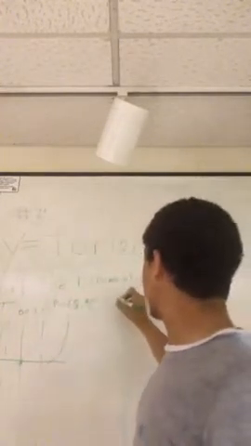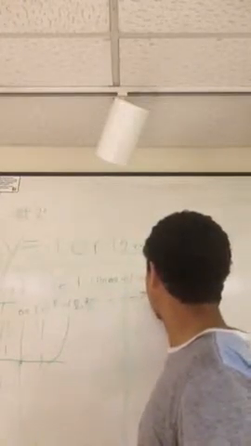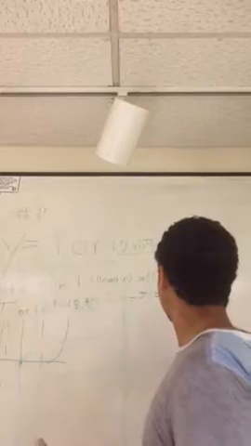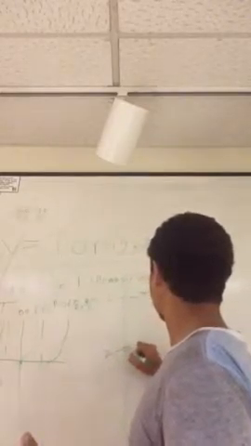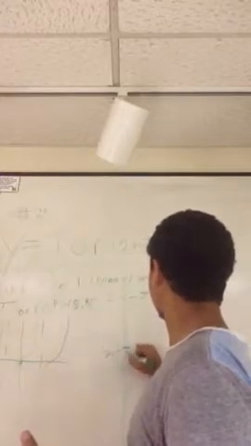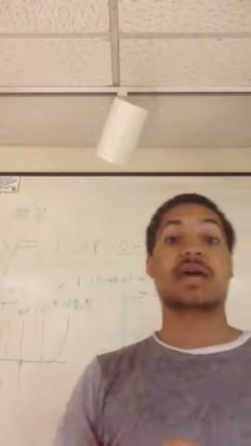So we have 2x minus pi is equal to negative pi over 2, and 2x minus pi equal to pi over 2, because we have to go on one side and the other.